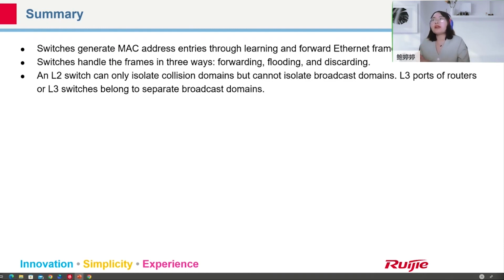Then we forward the traffic according to the MAC address table. Action one: forwarding, if the destination MAC address exists in our table and the connecting interface is different from the receiving interface. The second one: if the destination MAC address is not in the switch's table, the switch will flood. This is very important compared with a router.